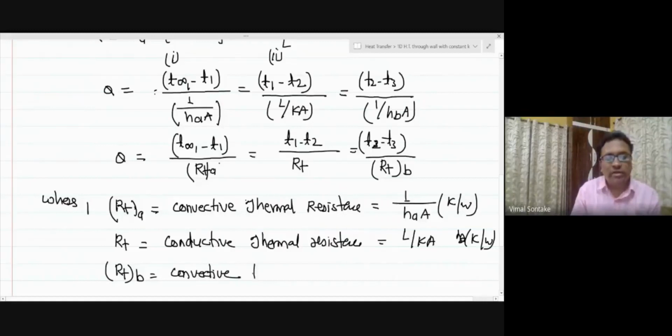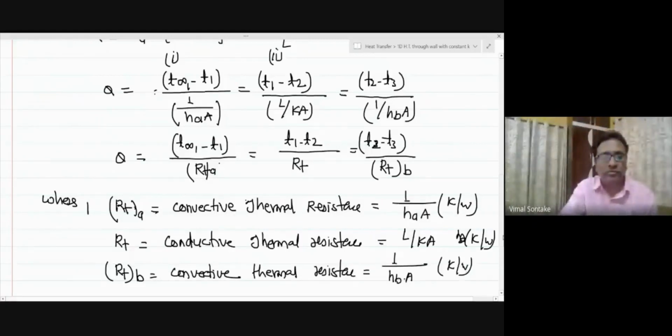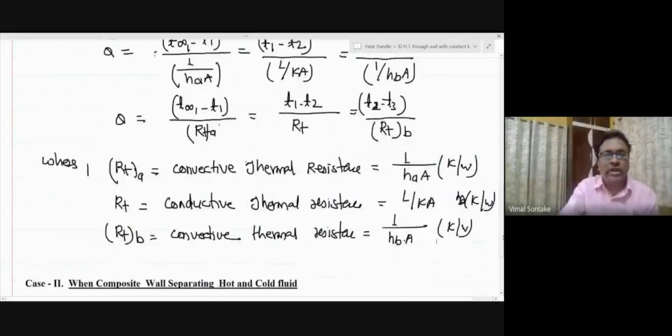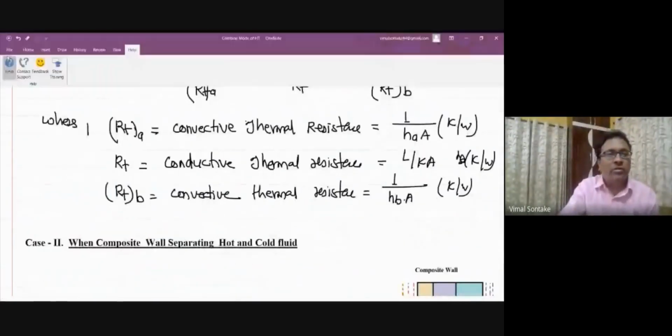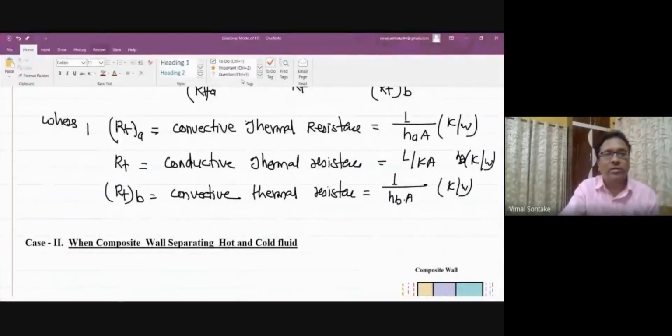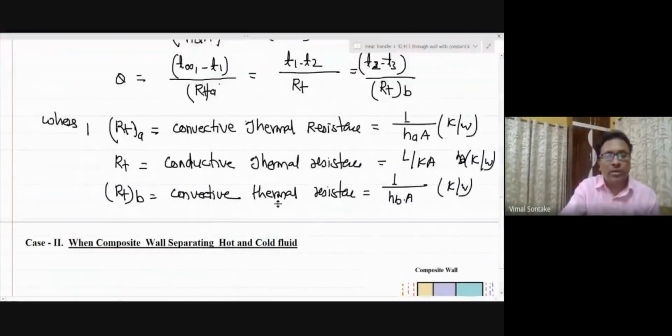So it is the convective thermal resistance, and it is given by 1 over hB, that is the convective heat transfer coefficient of the cold fluid film, into area, Kelvin per watt. So this way we can derive the expressions for different thermal resistances.